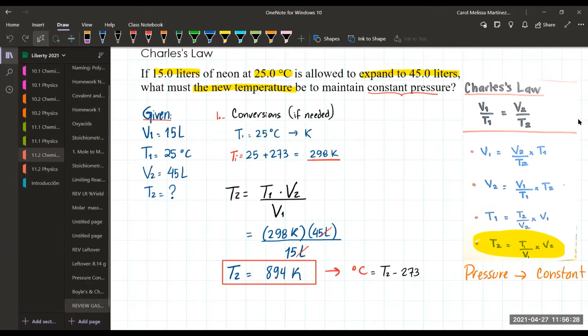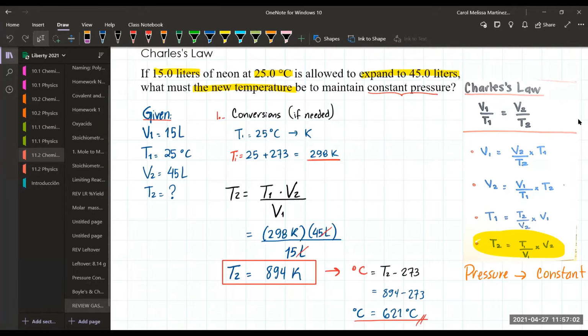So this is going to be equal to 894 minus 273. How much is this? 621. So this is just in case that I ask you to express the answer in Celsius.